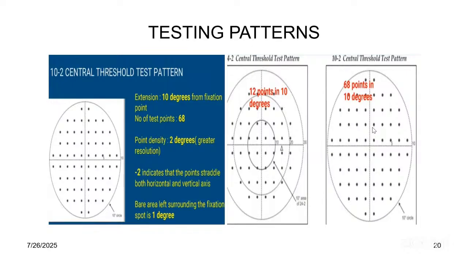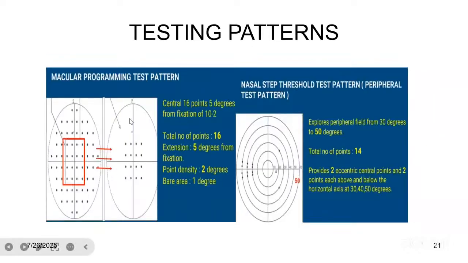And then for the macular programming, it tests about the central 16.5 degrees from the fixation. And then total point extension is about 5 degrees, as we said. The point density is 2 degrees, and then the bare area is just 1 degree. The nasal step explores peripheral field from 30 degrees to 50 degrees.